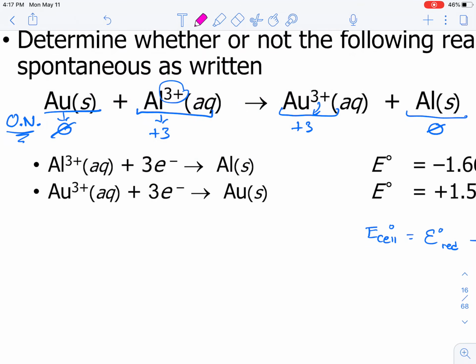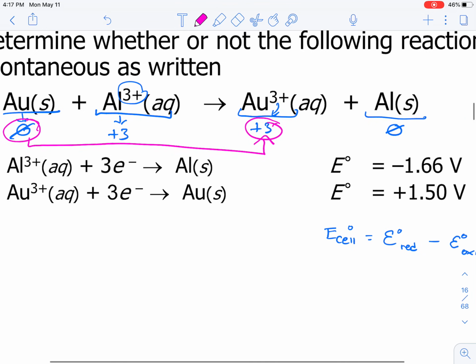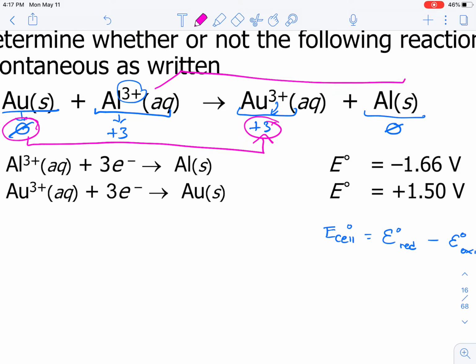So now that we've listed our oxidation numbers, what we're going to do is compare the oxidation numbers for the same element before and after the reaction. Looking at aluminum, here we have +3, and here we have 0.